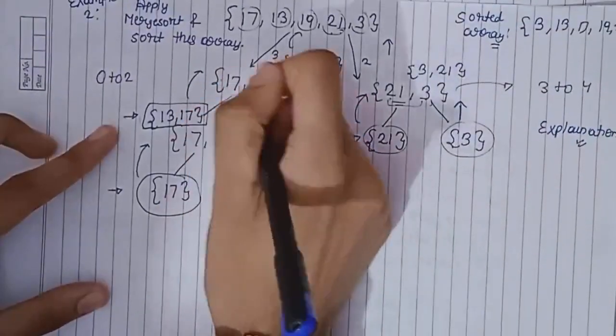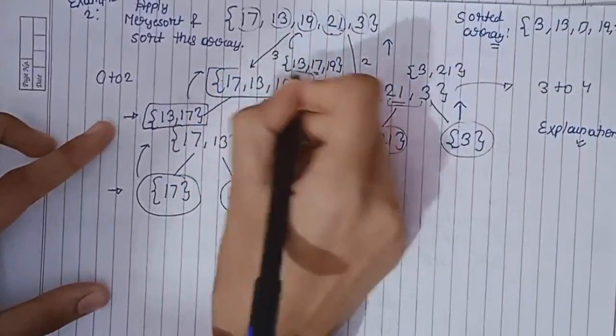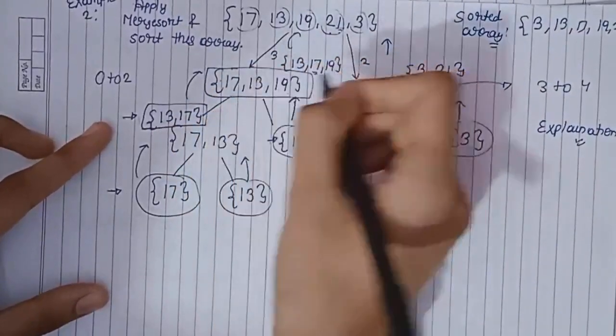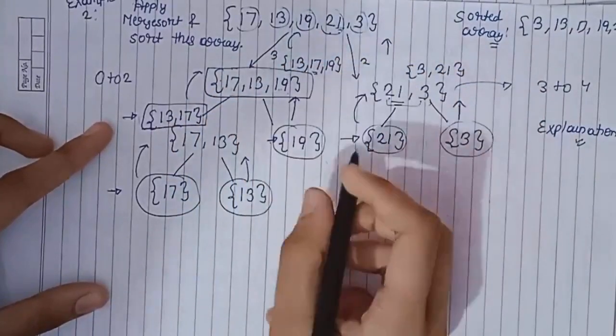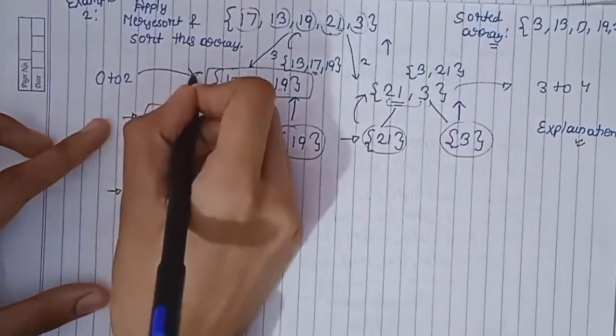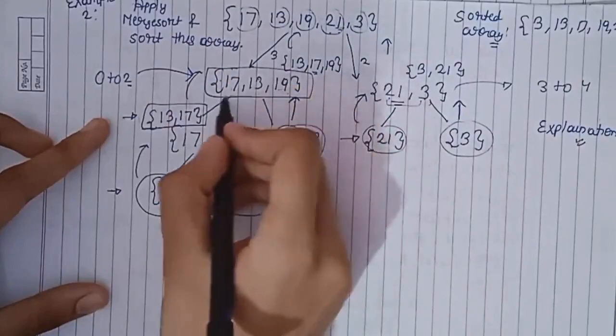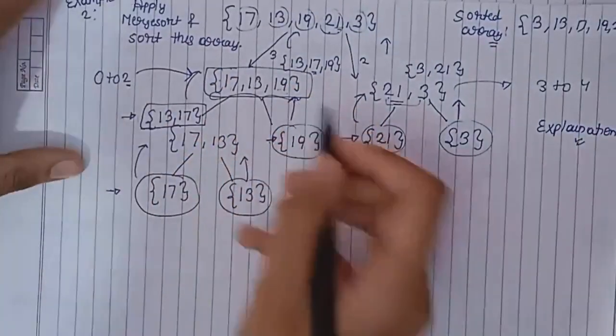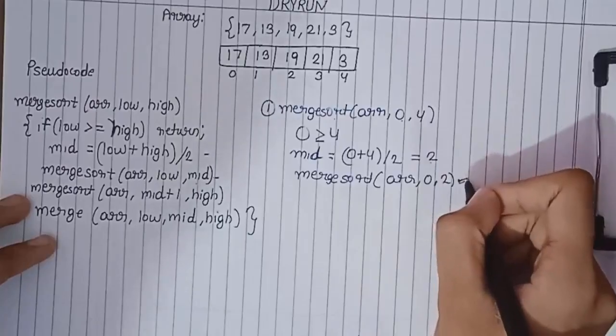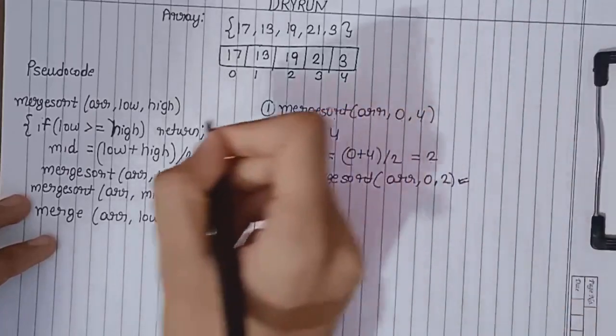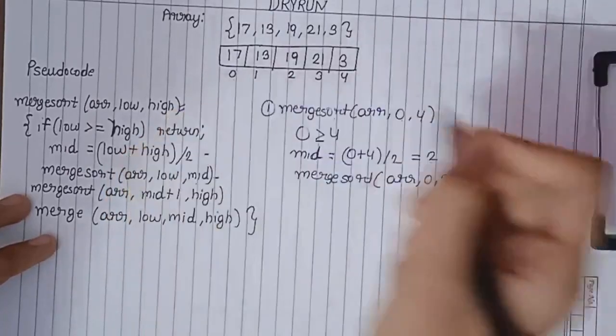The index of 17 is 0, the index of 13 is 1, the index of 19 is 2. So by passing the lowest index as 0 and the highest index as 2, you have indirectly divided your array to this.